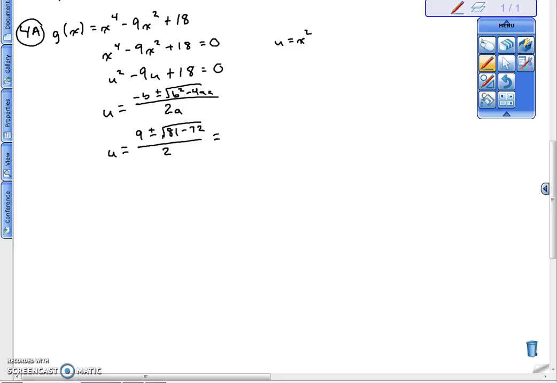And so we end up with 9 plus or minus the square root of 9 over 2, 9 plus or minus 3 over 2, which would give me 3 and 6.